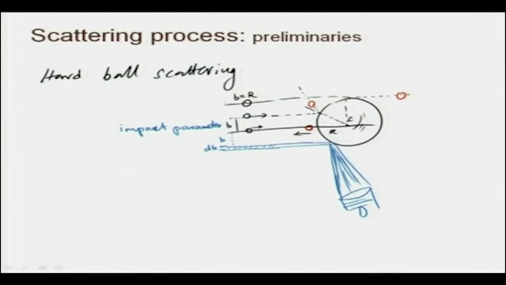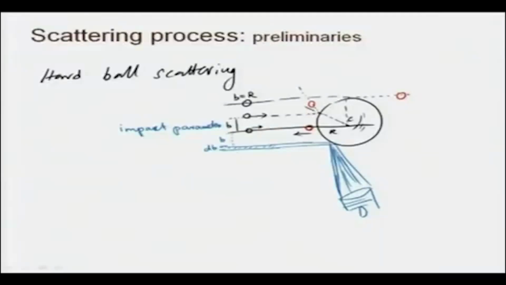Essentially, the idea I want to convey is that depending on the impact parameter, the beads will scatter with different angles. If you consider some small band of the beam of beads, after scattering they will go into a particular cone, and if you put a detector in the way of the cone, you will receive all of them.